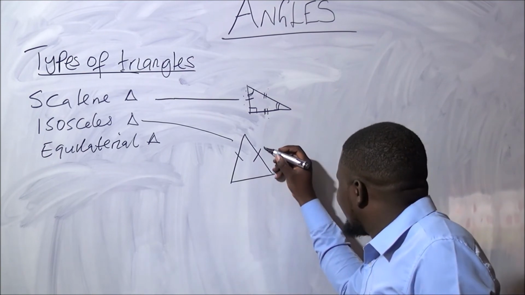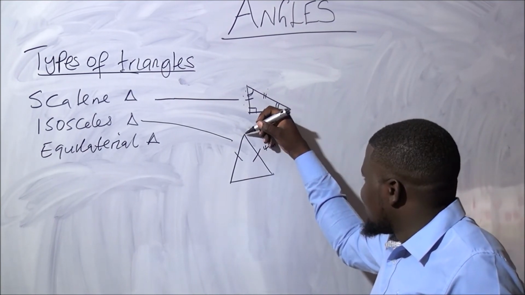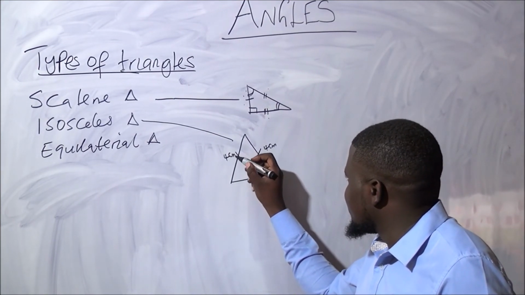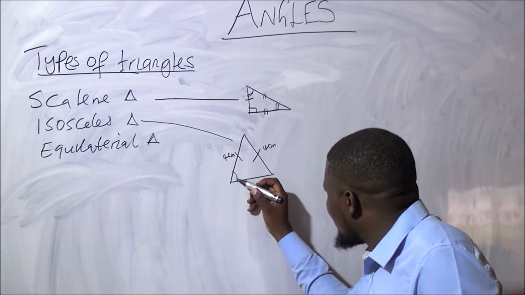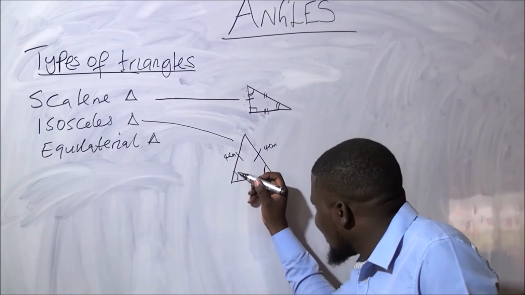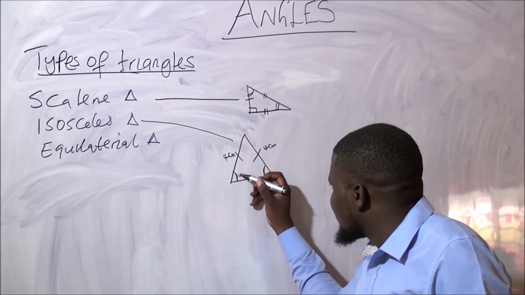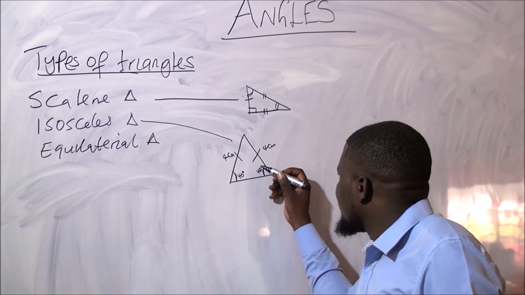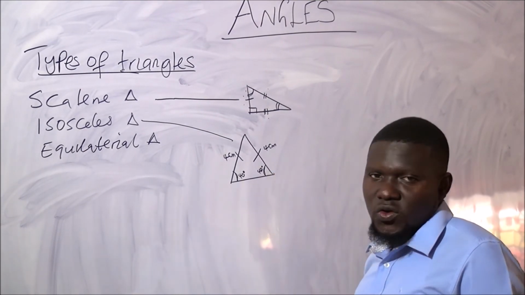If one side is 4 centimeters from that vertex, the other side must also be 4 centimeters. And the two angles which are opposite to each other are the same. If one angle is 40 degrees, the other angle is also 40 degrees on the opposite side of the triangle.